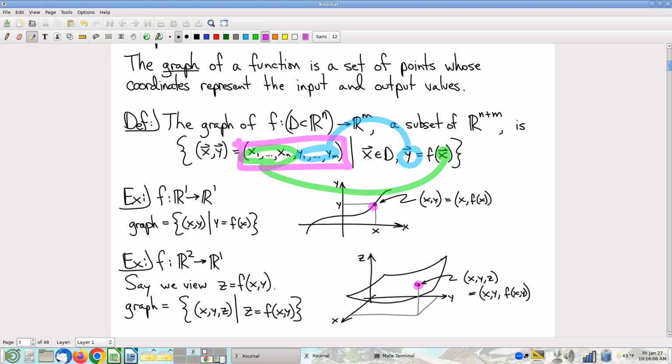If you go over all possible inputs, you get a whole bunch of points that look like this, and that will make sometimes a curve, sometimes a surface, depending on what your domain is, what your target is, etc.